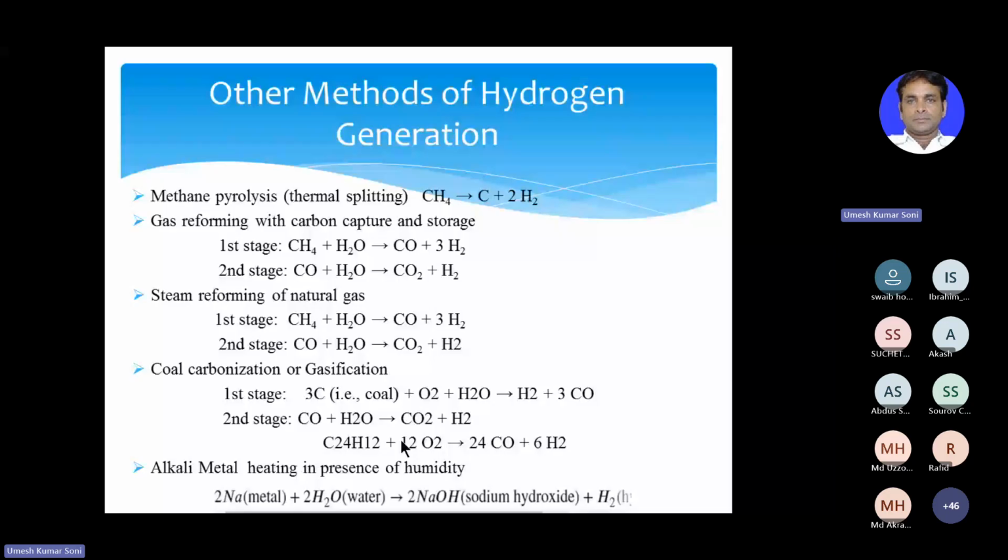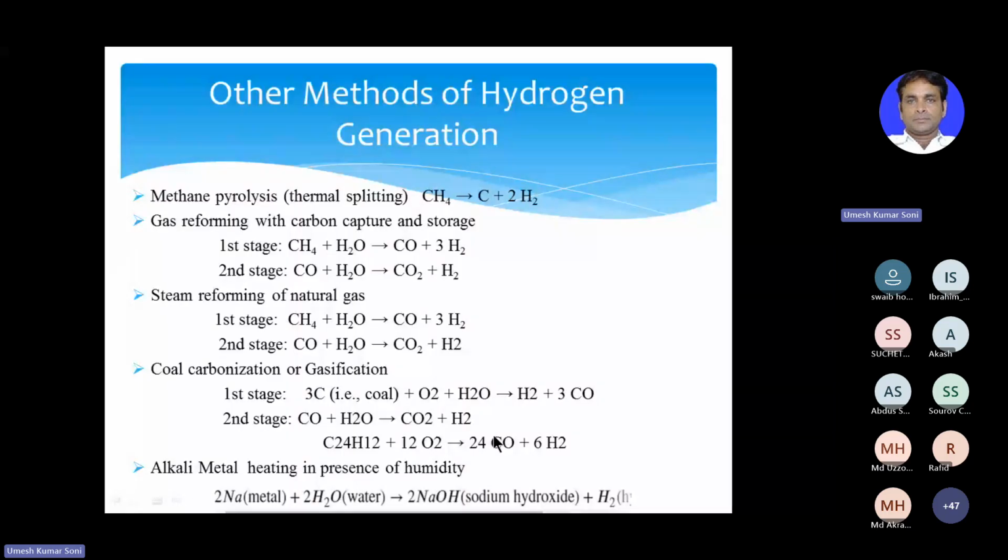This carbon monoxide and water will again react at a high temperature and make the carbon dioxide and hydrogen. Okay, so again, C24H12 is another chemical which is formed after the reaction as a carbonic material. Then reacting it with the water, it will generate the carbon monoxide and hydrogen.